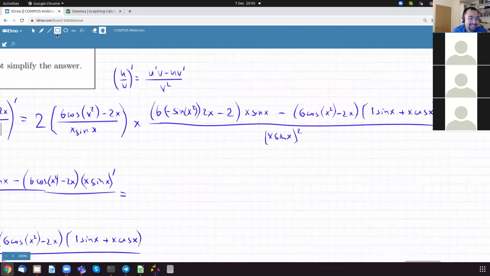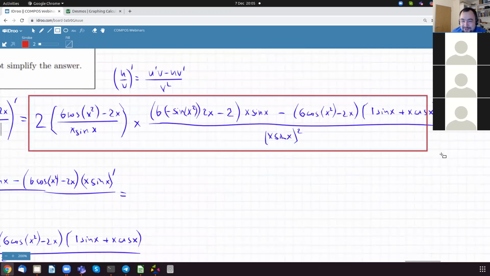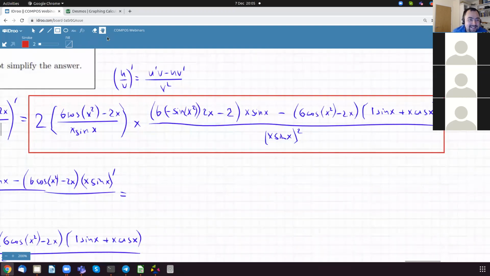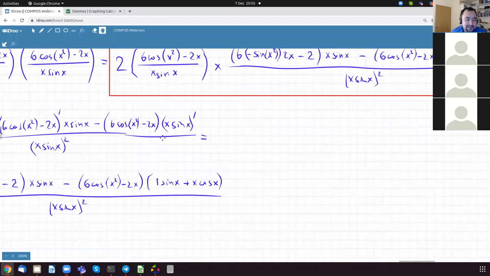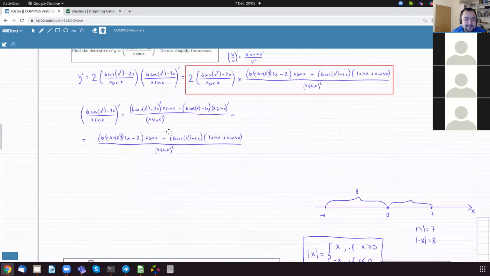Do look through this. It took me what, 4 minutes, 5 minutes to do this.